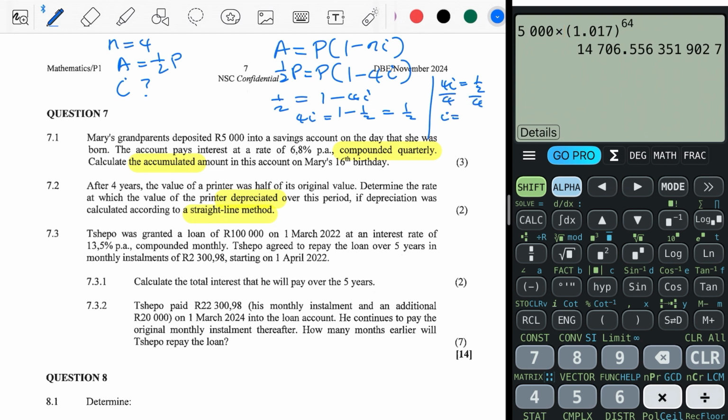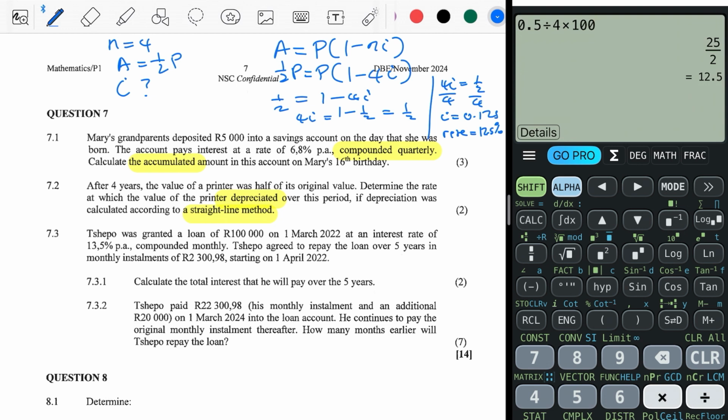So I is equal to half divided by 4, which is 0.125. The rate is in terms of percentage, so we times it by 100, and your answer is 12.5%. That's your rate.